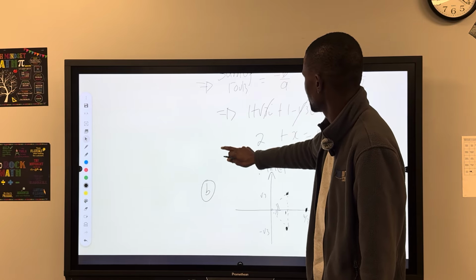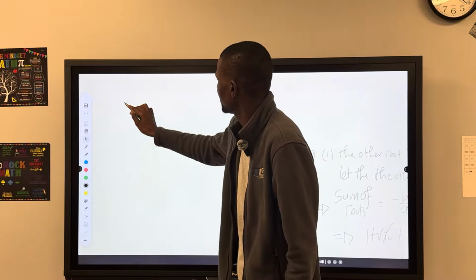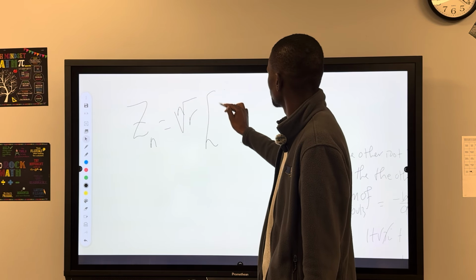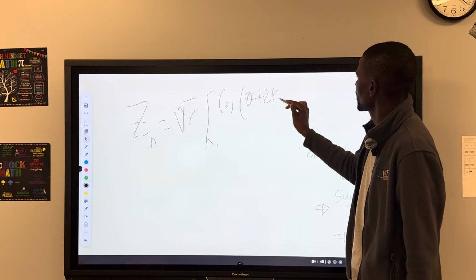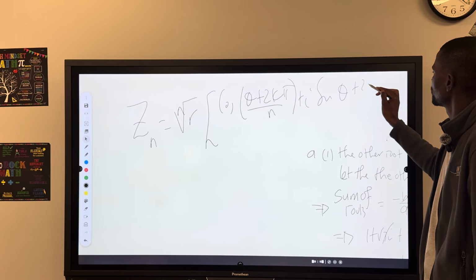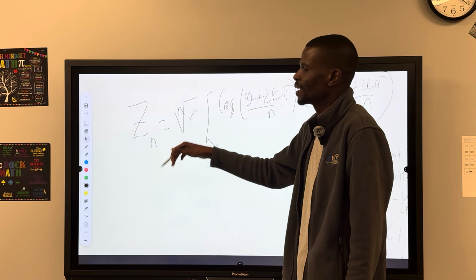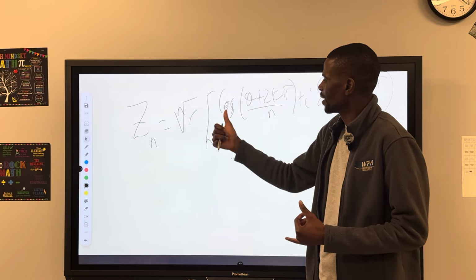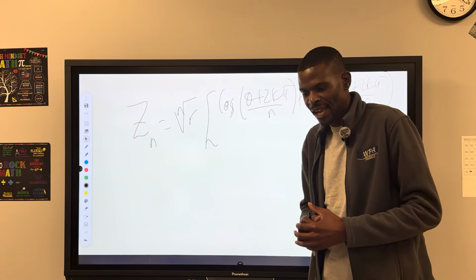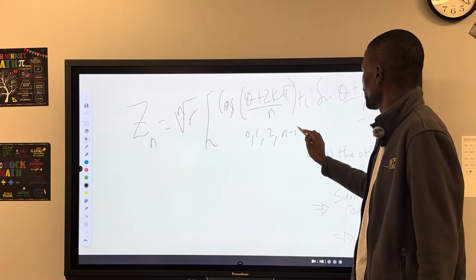So always remember this formula here: Zn is equal to nth root of r, then cos of theta plus 2k pi over n, plus i sine of theta plus 2k pi over n. This formula is very important, guys, where n is the exponent, r is the modulus, and theta is your argument. Then k will take values from 0, 1, 2 up to n minus 1.